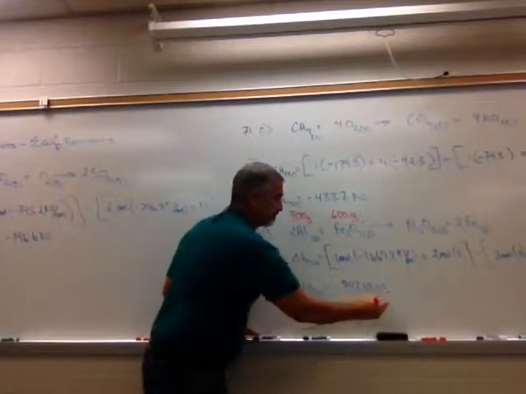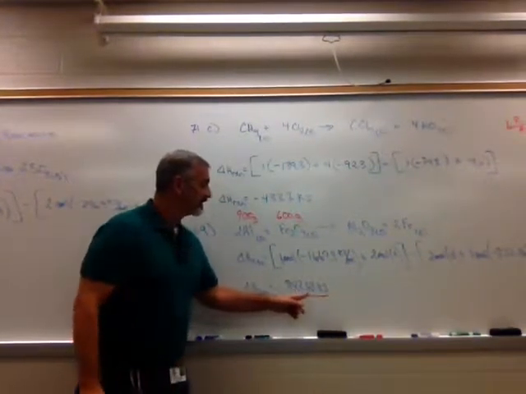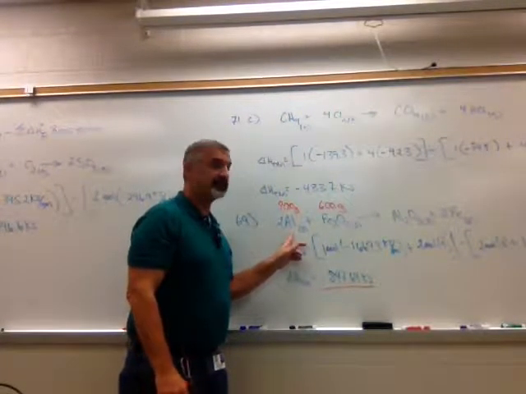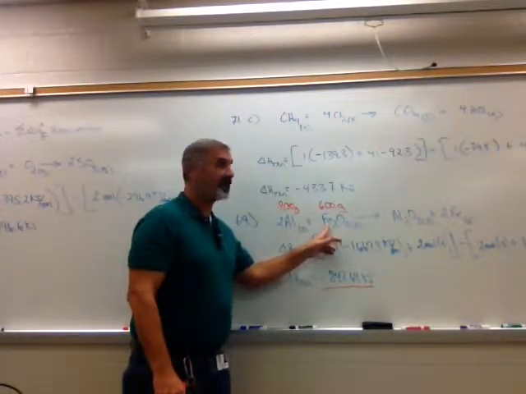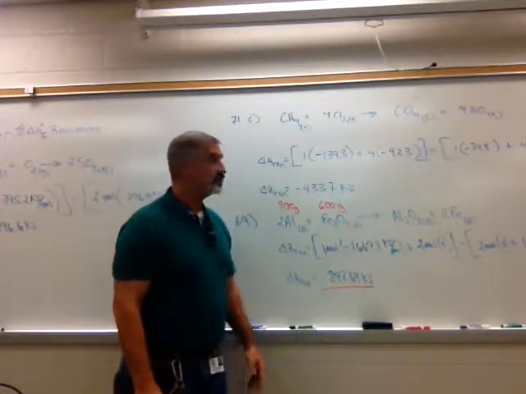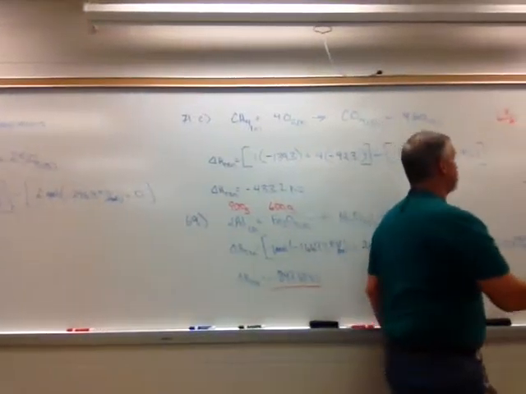This right here. This is kilojoules: this many kilojoules when 2 moles of aluminum reacted, when 1 mole of Fe2O3 reacted, or when 1 mole of aluminum oxide was made. So we just use this as a conversion factor.